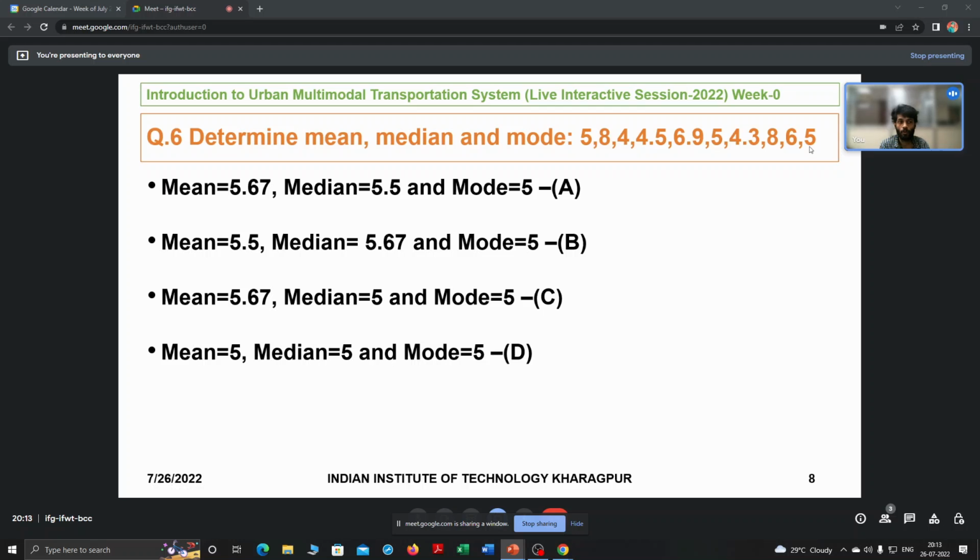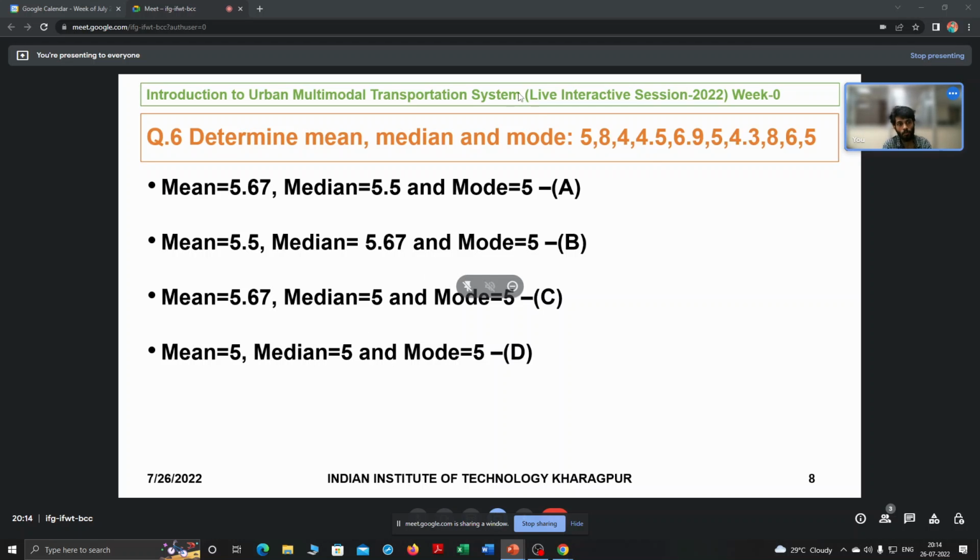So your median would be 5, because you have three 5s here, occurring 3 times, and its position is fifth and sixth. If you take the two numbers 5 and 5, that is 10, and take the average by 2, that is 5, so your median would also be 5.